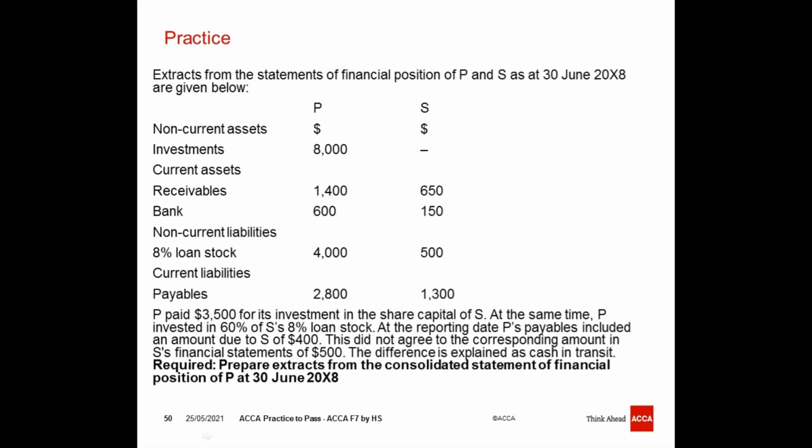At the same time, P invested in 60% of the 8% loan stock. So the loan stock of the subsidiary company is 500. So the parent company has given 60% of this loan. So 60% of this loan will become 300.